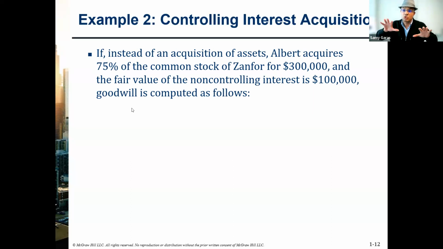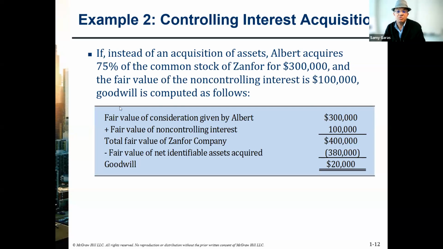And when we make consolidation, we will show the non-controlling interest in the financial statements of the parent company. So here we own 75% by paying 300,000, and the non-controlling interest is 100,000. Here we see the fair value 300, the fair value of the non-controlling interest 100, the total 400, then the fair market value of the net identifiable assets of the subsidiary 380, and the goodwill 20,000.